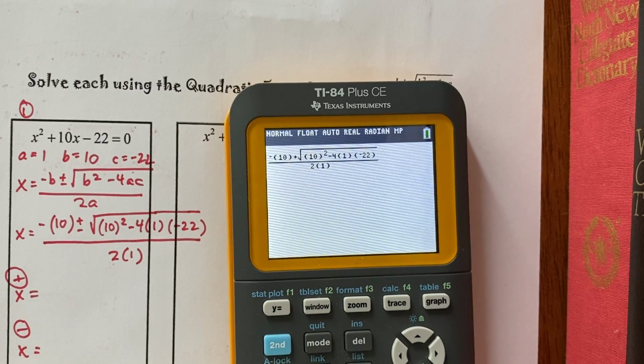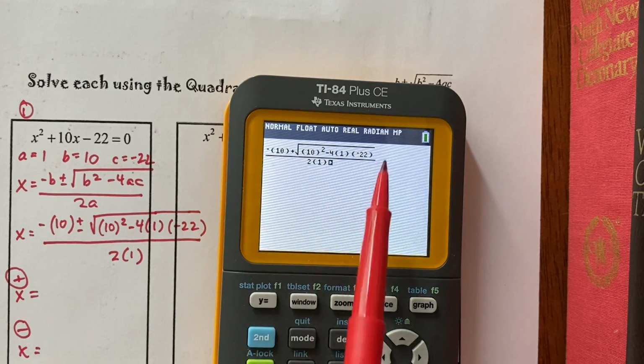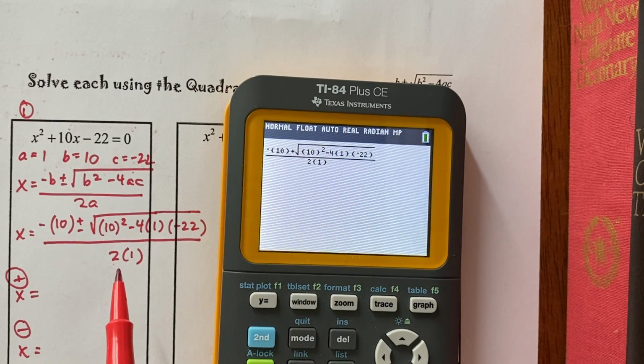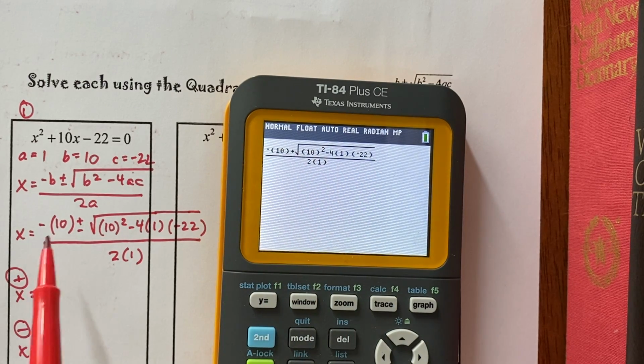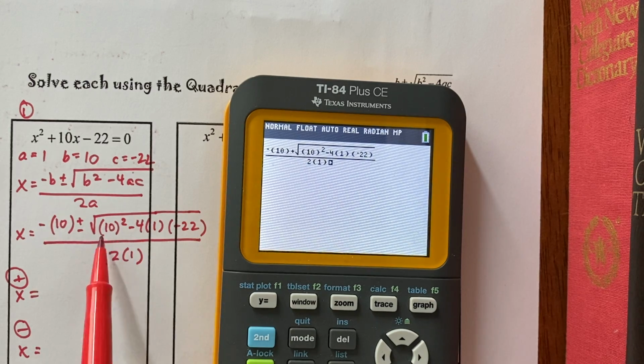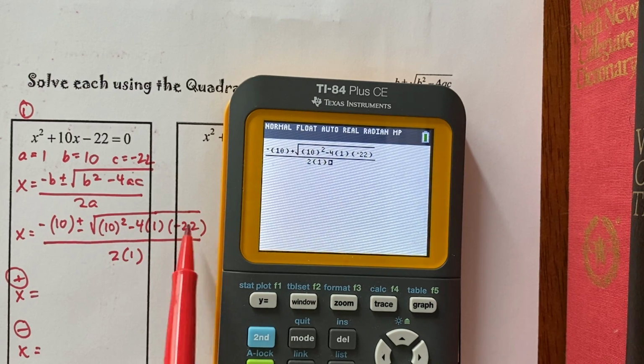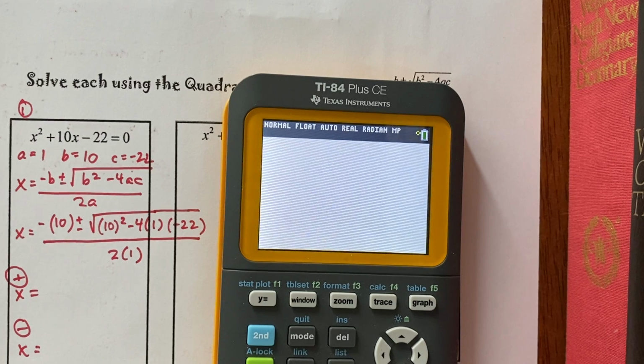Make sure that yours in the calculator looks exactly the same as it does over here. So I have negative 10 plus square root of 10 squared minus 4 times 1 times negative 22 over 2 times 1. Great. So hit enter.